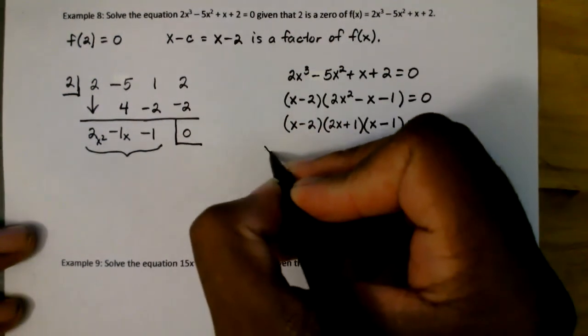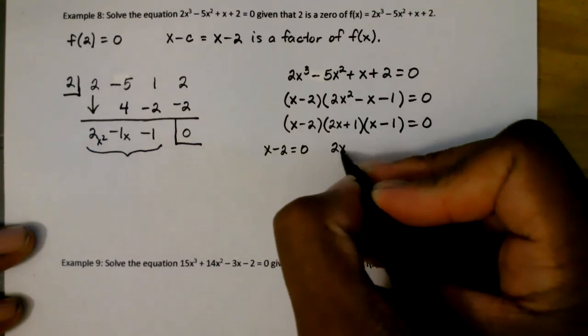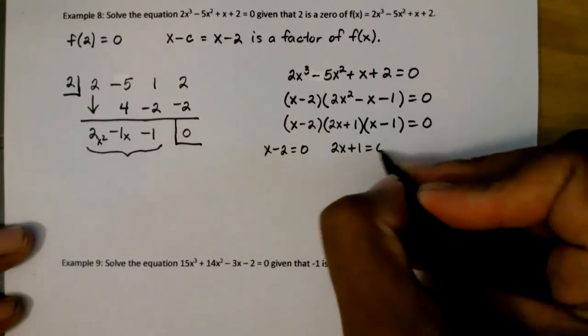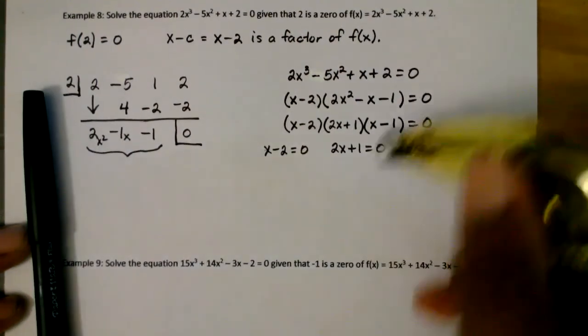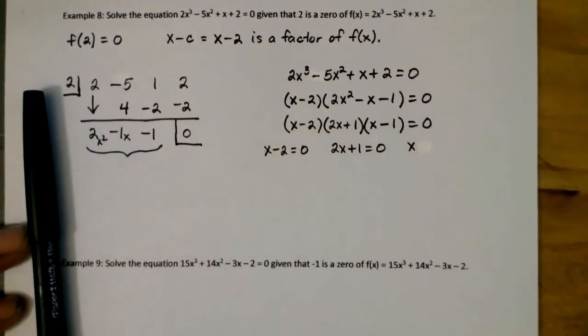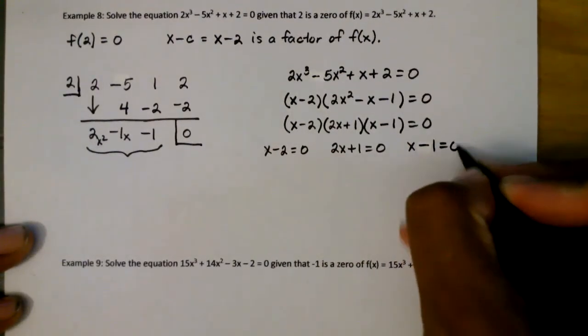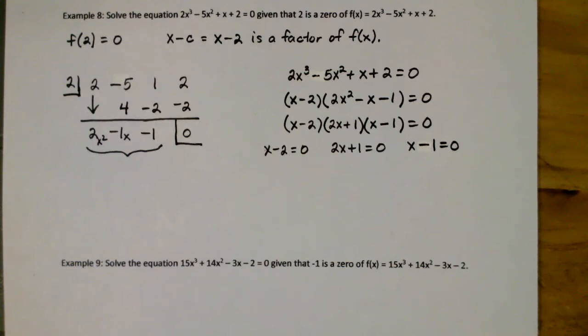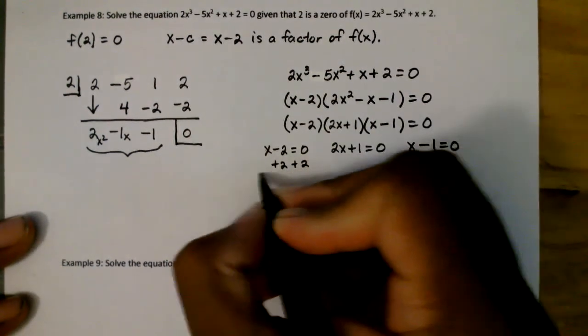So this means x minus 2 is equal to 0, and then 2x plus 1 equal to 0, and x minus 1 equal to 0. So here, x minus 2 equal to 0. I'm going to solve for x. That means x is equal to 2.